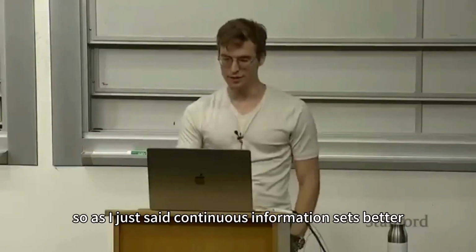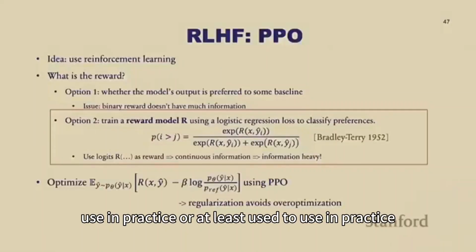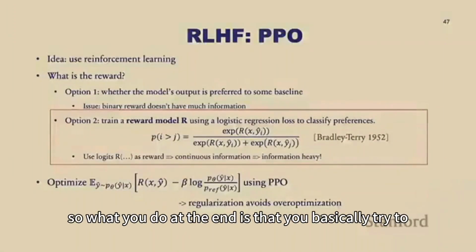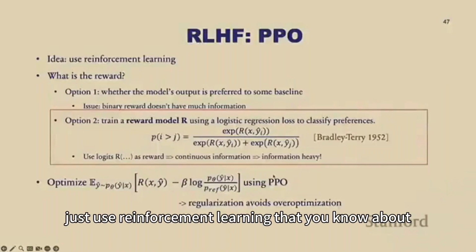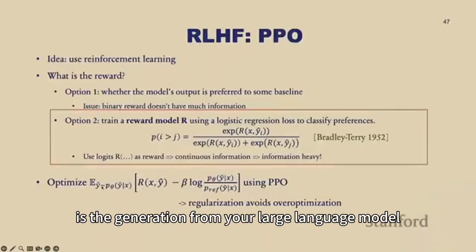Great. As I just said, continuous information is better. That's what people use in practice, or at least used to use in practice. I'll tell you about the other algorithm later. So what you do at the end is just use the reinforcement learning that you know about. Now we have our reward. What you sample is the generation from your large language model.